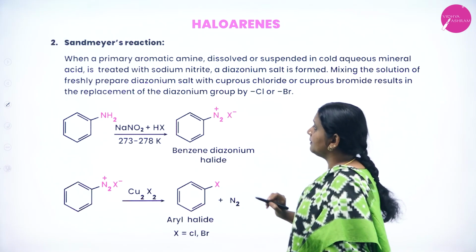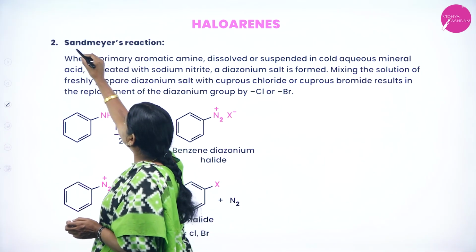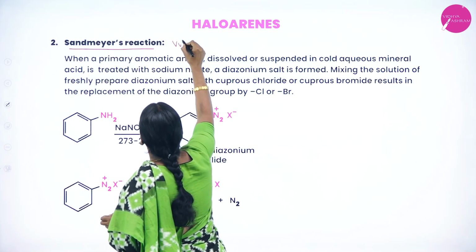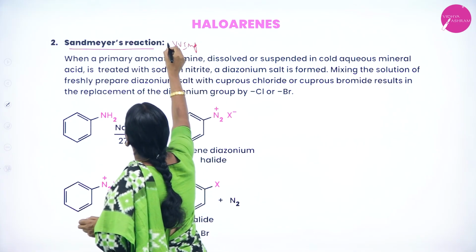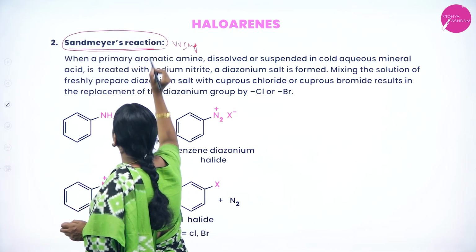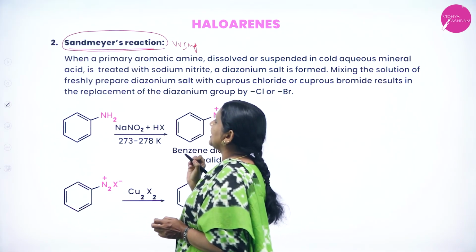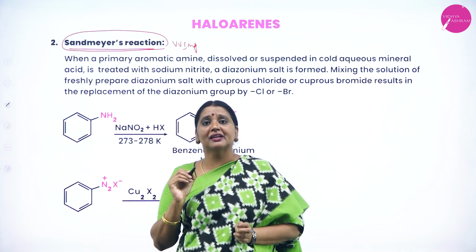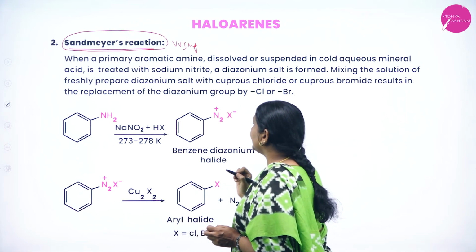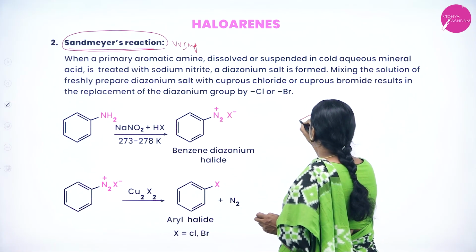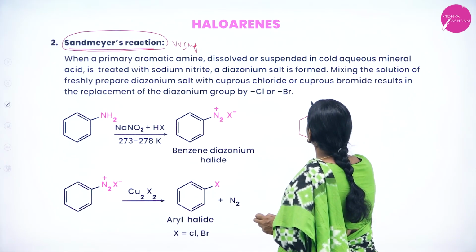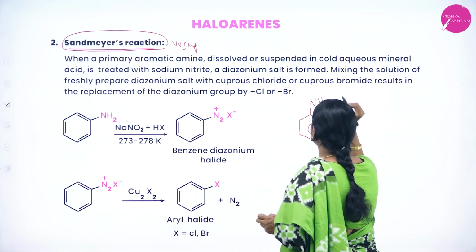Next, a very compulsory as well as very, very important question for your board: Sandmeyer's reaction. So, what is this Sandmeyer reaction? Consider a primary aromatic amine. Aromatic means it contains benzene; in a primary amine the functional group is NH2.